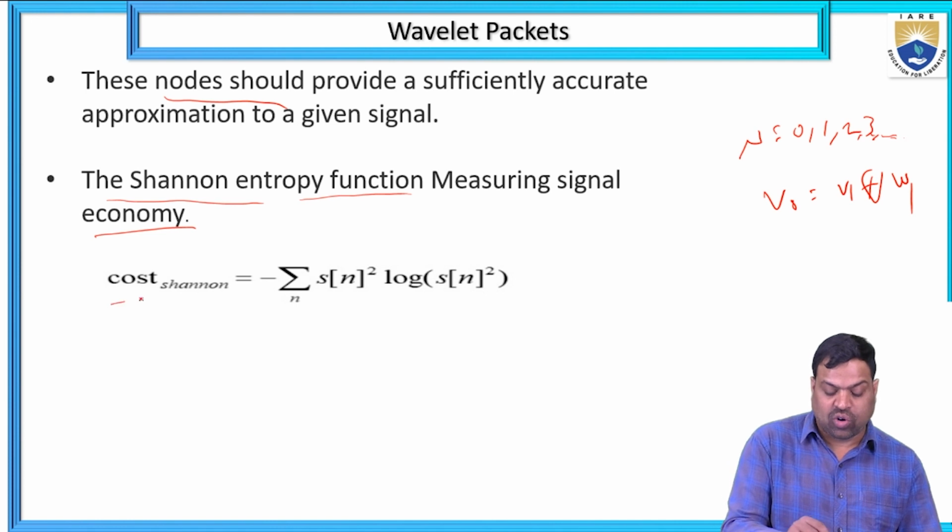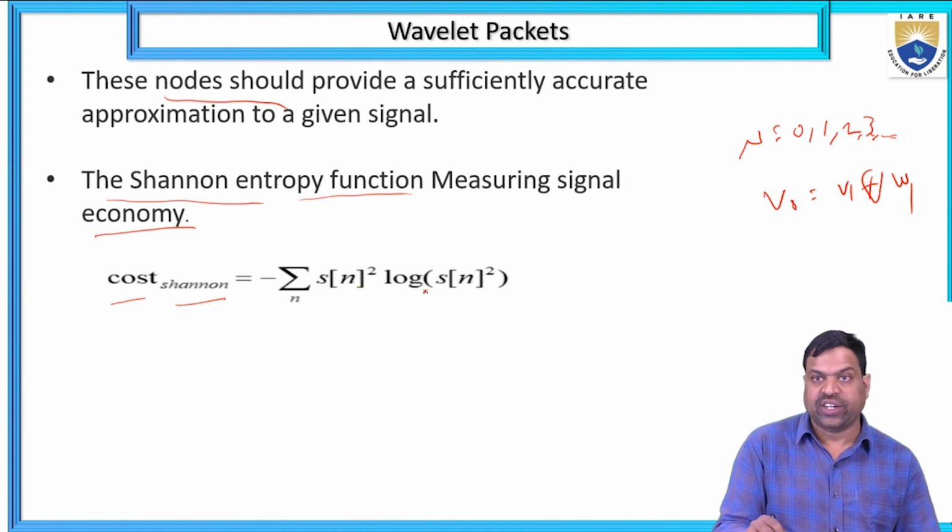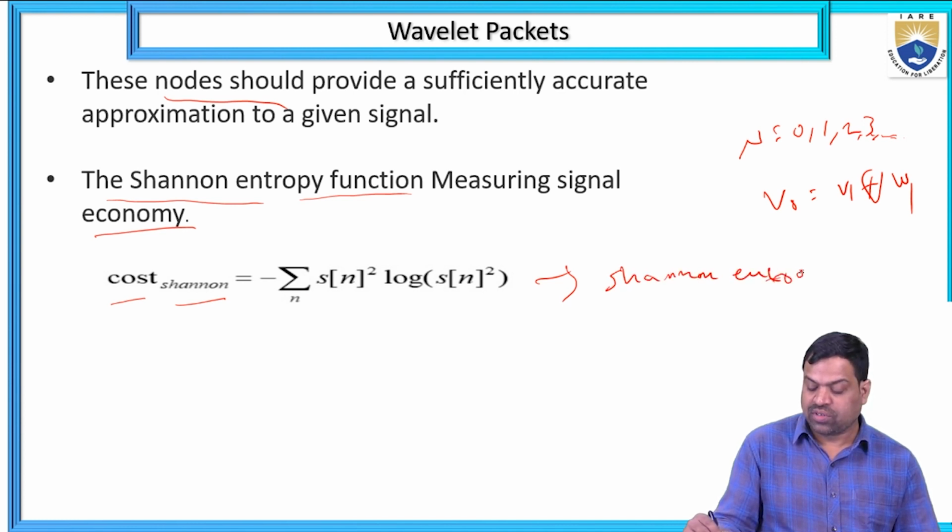Cost Shannon is equal to the summation of minus s of n square into log of s of n square. So it is the Shannon entropy or Shannon theory for finding out the decomposition of the signal at the output side, to find the signal economy.